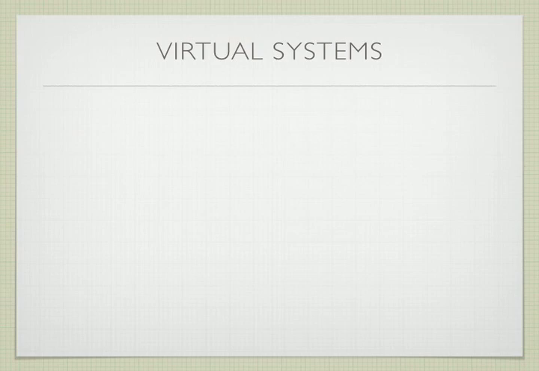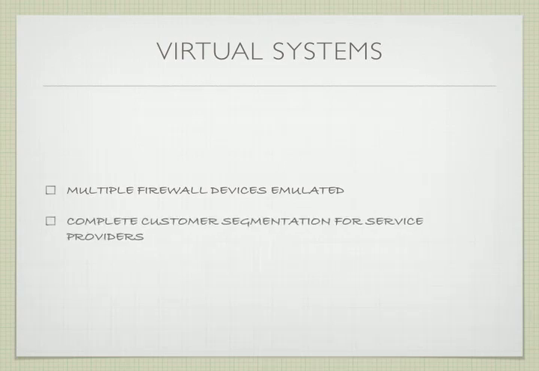Virtual systems. So at the top of this tree, we have the virtual systems. Each system can have multiple firewall devices emulated within it. So a single virtual system can have multiple virtual router firewalls. Virtual systems is a way for complete customer segmentation for a service provider. If you have multiple vSys available in your ScreenOS device, you can create a virtual system.